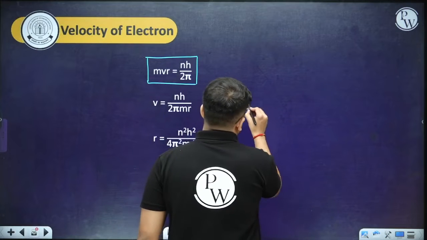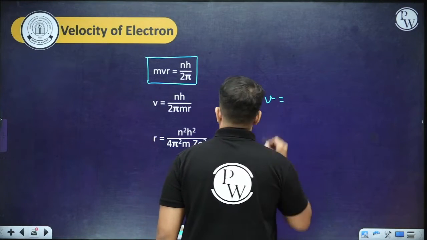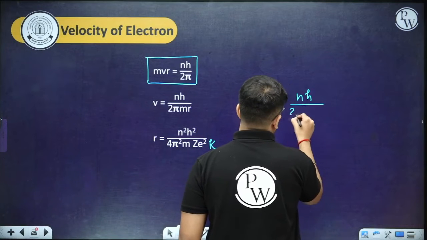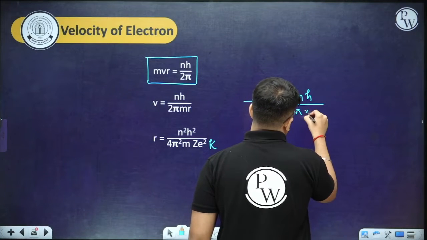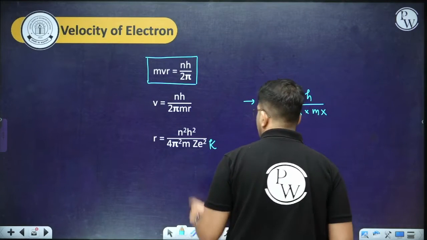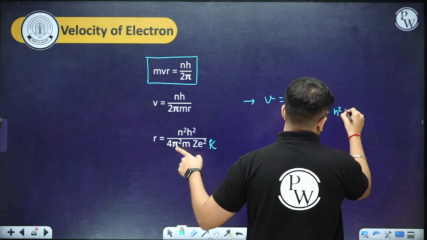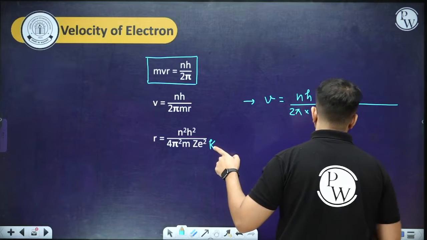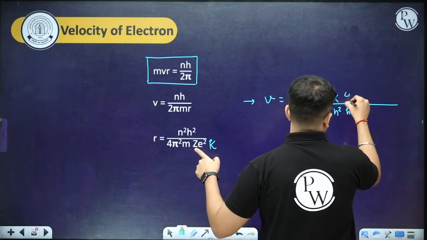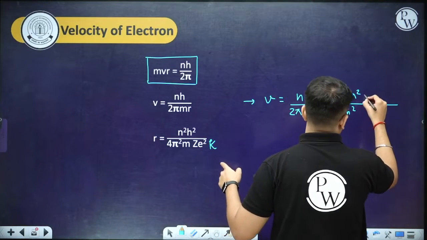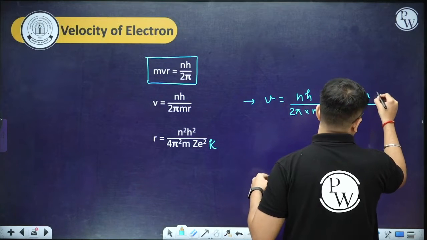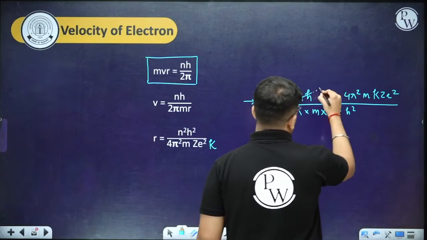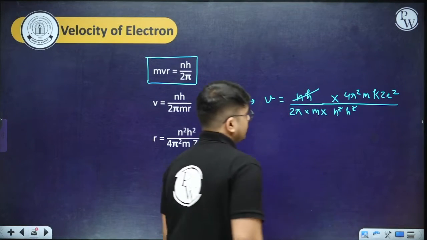Yeah, definitely. So from that particular part, I can say that velocity will be nh upon 2 pi times the mass multiplied by r. R will be n square h square multiplied by 4 pi square m k Ze square. Okay, so this nh is going to cancel out this n as well as h.